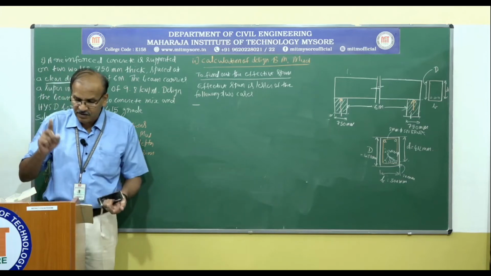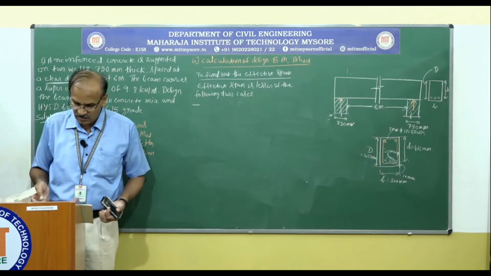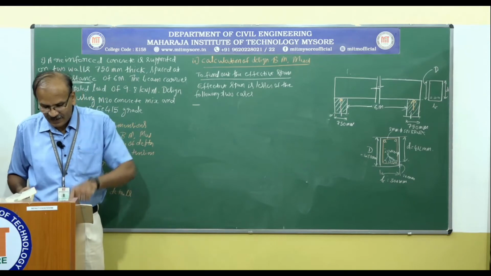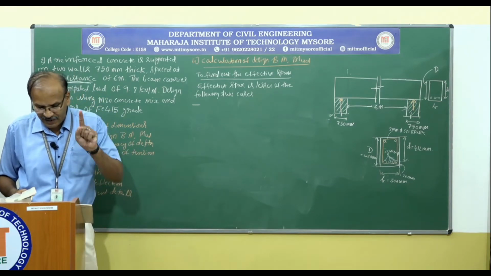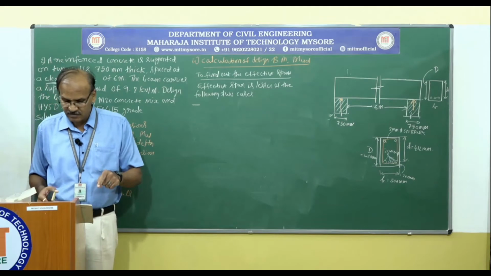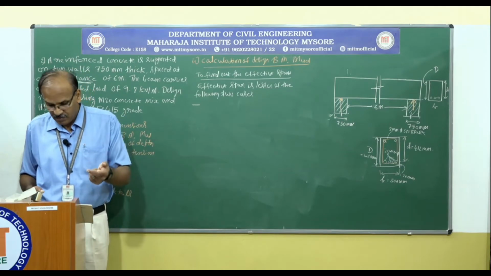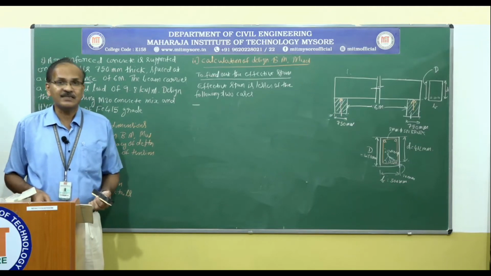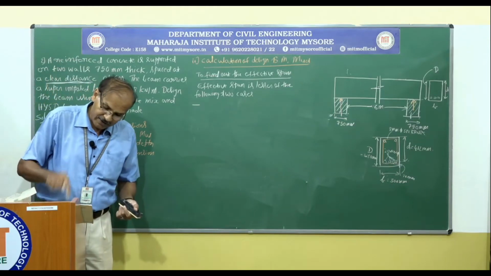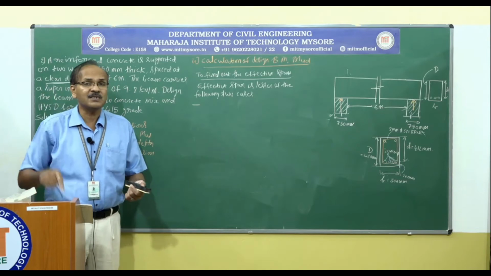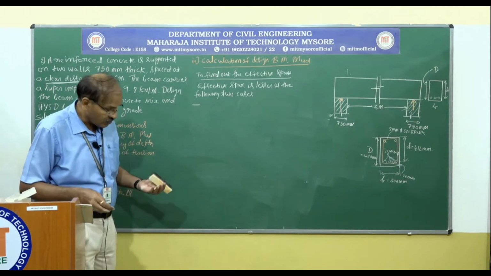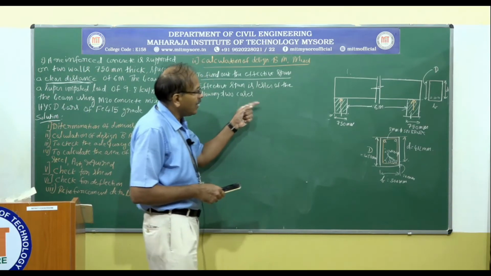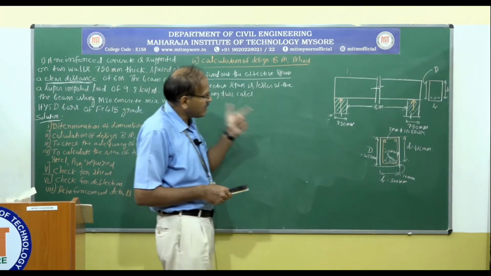It says for simply supported beam or slab, the effective span of a member that is not built integrally with its support shall be taken as clear span plus the effective depth of slab or beam, or center to center of supports, whichever is less. So, I have discussed this in the previous example, just I am trying to refresh your memory. So, it is lesser of the following two cases.